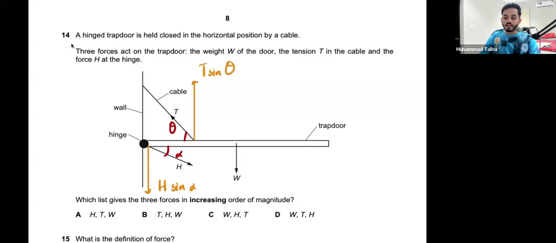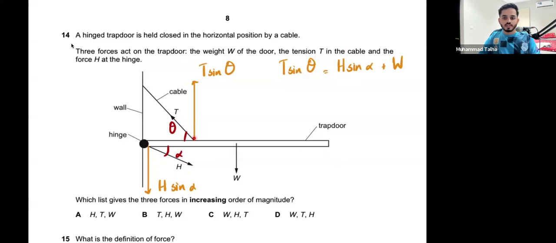And then I can write an equation in terms of the equilibrium in the vertical direction. So I can say that upward force equals downward forces. So I can say T sine theta equals H sine alpha plus W. Now W plus something else is T sine theta, right? And sine theta, sine alpha, if I look at this, sine of any angle is always going to be between 0 and 1, right?